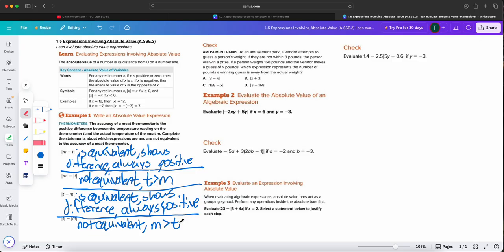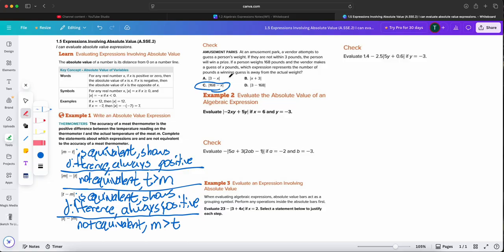So we would need to subtract what the person weighed, which was 168, and what the person guesses, which was X. So we're looking for the one that subtracts 168 and X, which if we look at those options, that would be option C. We wouldn't want to subtract 3 because that's not showing if they win or not, because we want this number, once we've subtracted, to be either 0, 1, 2, or 3. And that would show us if they won or not.